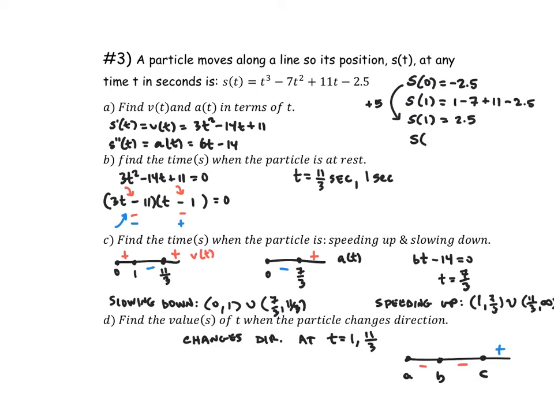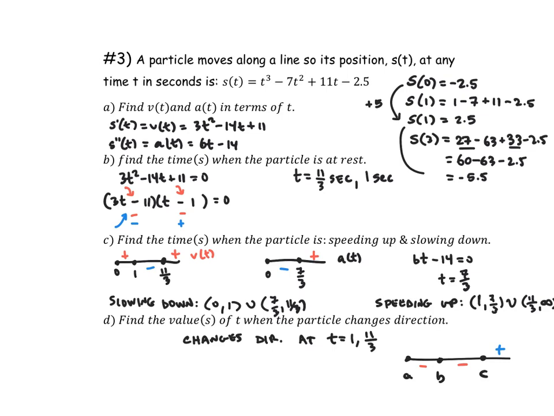Now let's find the position after 3 seconds. That would be 27 minus 63 plus 33 minus 2.5, which is 60 minus 63 minus 2.5, so negative 5.5.